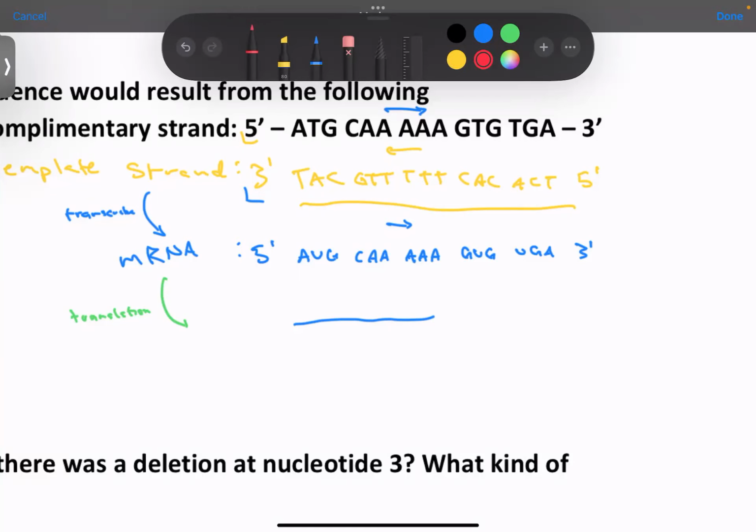And ribosomes in eukaryotes are a different size than in prokaryotes. I don't think you necessarily have to worry about it. If you take micro, you'll learn about it. But our ribosomes typically have two parts. They're made up of two subunits that make up the whole ribosomal unit.